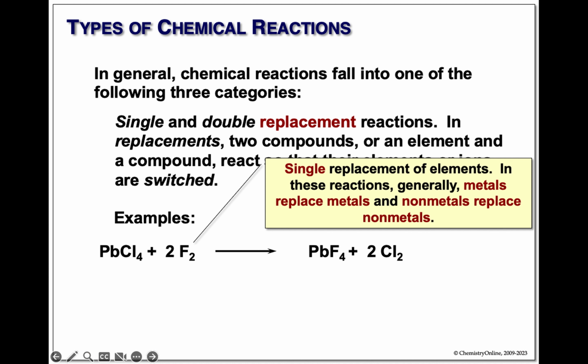But you replace, in general, if your element is a metal, it will replace the metal in the compound. If it's a nonmetal, it will replace the nonmetal. That's a nice, happy general rule. Metals replace metals, nonmetals replace nonmetals. Single replacement.